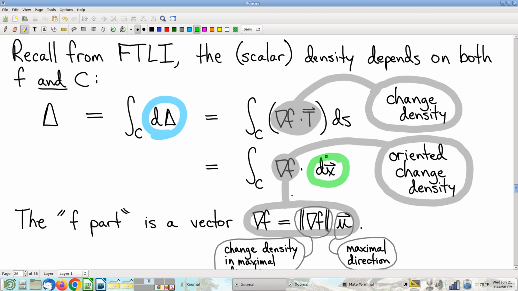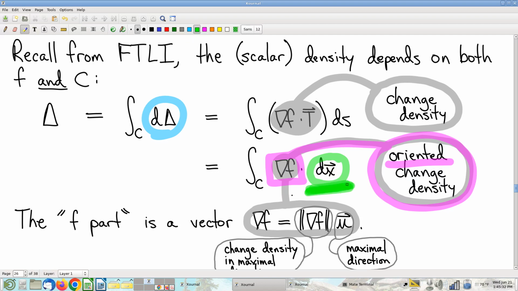That's what the dx vector is. It's telling you size, but it's also telling you direction. It's telling you an orientation. How is your little piece of curve oriented? What direction is it pointing? And so stuff per unit oriented size, I argued, is an oriented density. So I referred to the gradient as being an oriented change density. Again, you have to think open-mindedly about size as being itself an oriented thing.